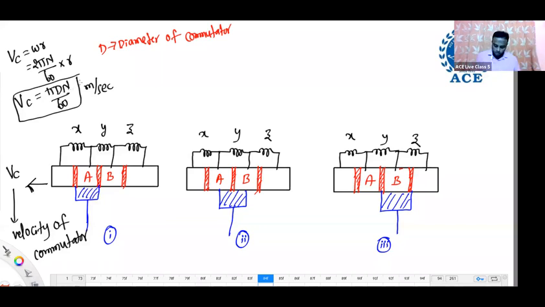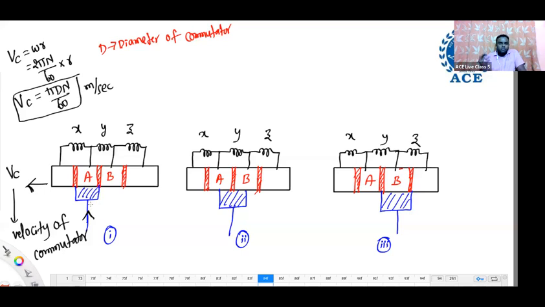Now observe. For better understanding, I'm considering current entering at the brush. Motor means current will go inside the armature; if it is generator, current will come outside. Now I'm considering it is a motor, current going inside through the brush.